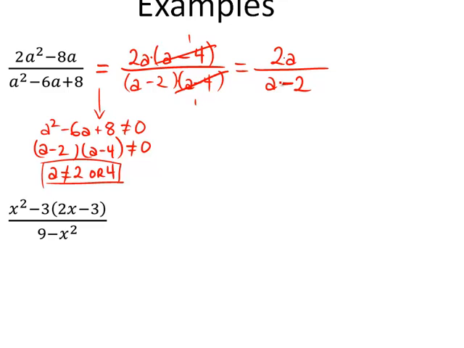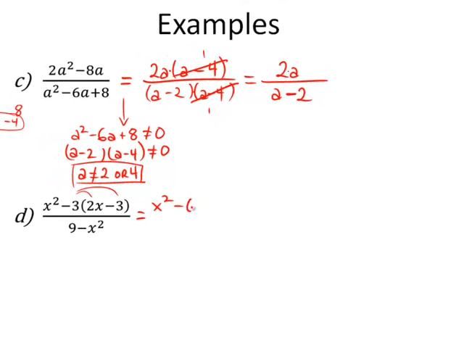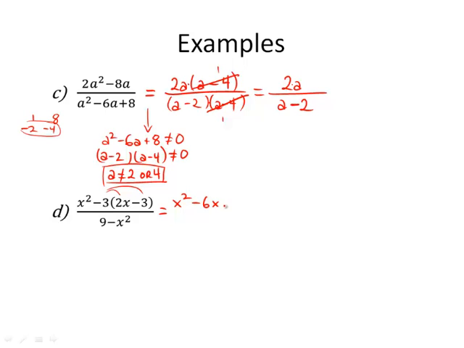And let's look at the last example over here. Because we've got some expanding to do, let's do that first. X squared minus 6x plus 9 over 9 minus x squared. And note that because you want your x squares first, let's just rewrite that in order.